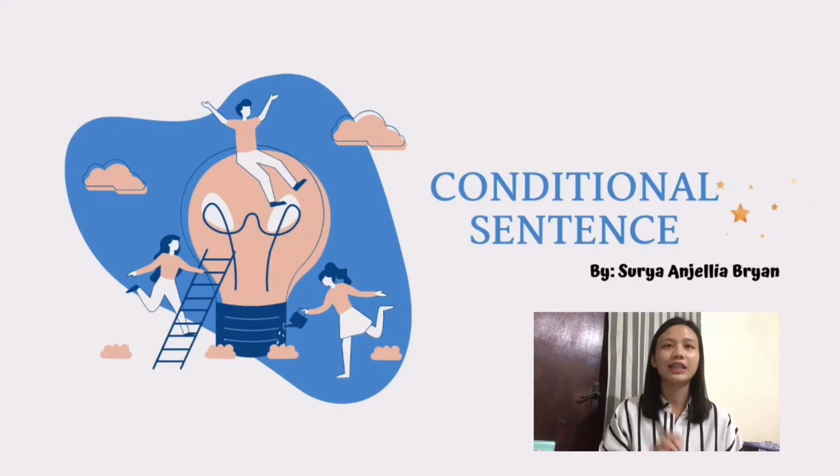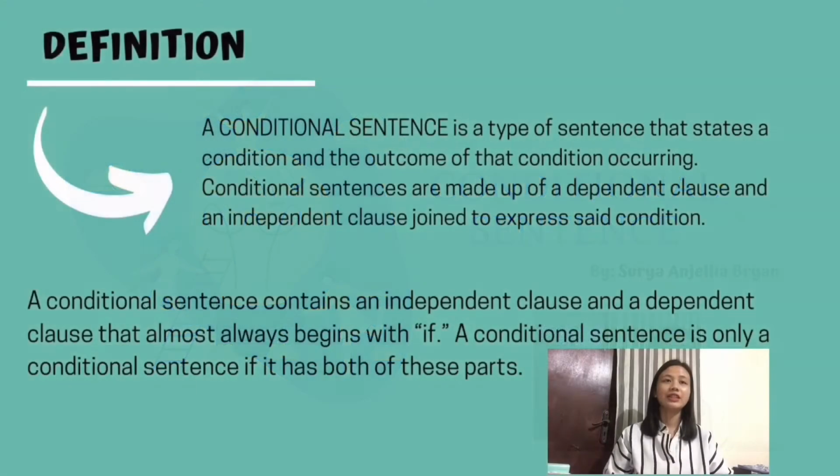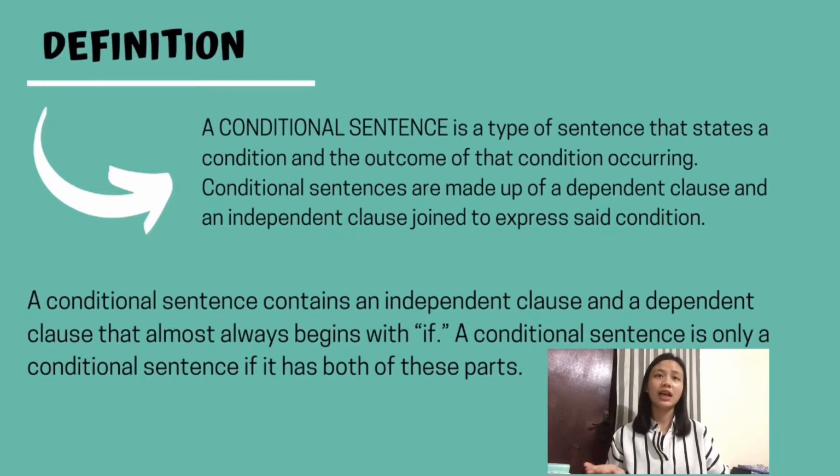I'm from 2C class. In this video, I would like to explain a material in the basic grammar course, which is conditional sentence. A conditional sentence is a type of sentence that states a condition and the outcome of that condition occurring. Conditional sentences are made up of a dependent clause and an independent clause joined to express said condition.